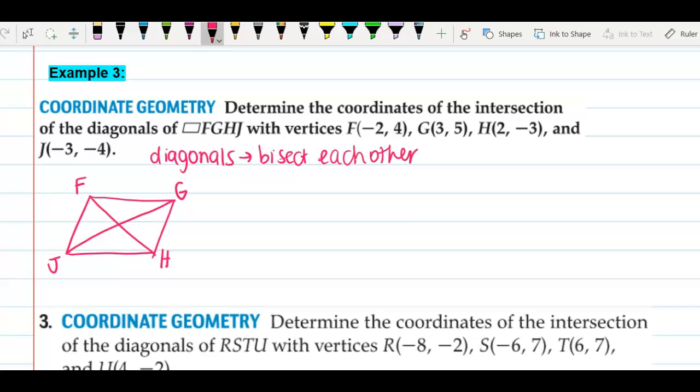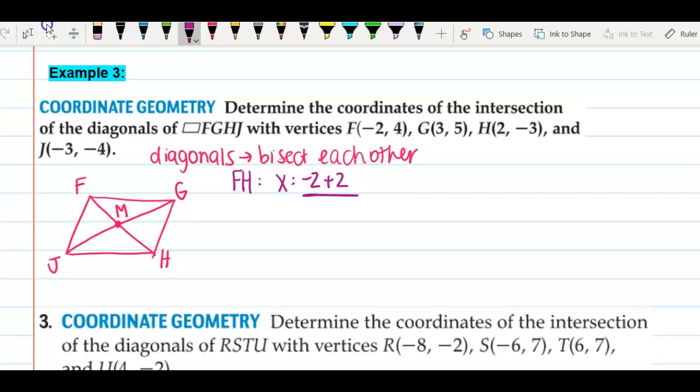So let's say this point here is just M. M should be exactly in the middle of F and H and exactly in the middle of G to J. So if you remember, when we find the middle of a segment, if we have coordinates, let's start with FH. Our x-coordinate of F would be -2. The x-coordinate of H would be +2.